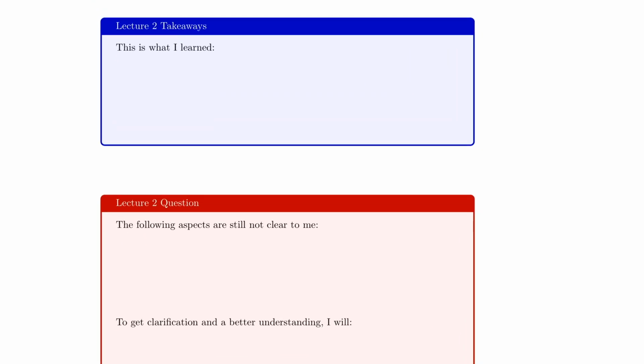So ask yourself what you take away from this lecture and just summarize 2-3 points, what you have personally learned, and then make sure that you understand what you don't know yet. This will help you a lot when you study, and it will help you a lot to clarify your questions. In fact, you probably should also think about what you want to do to get more clarification.